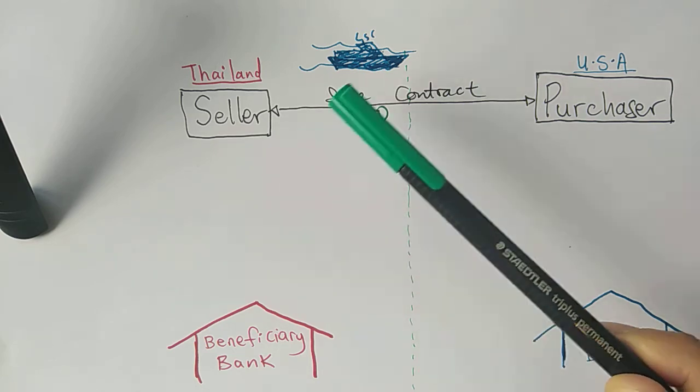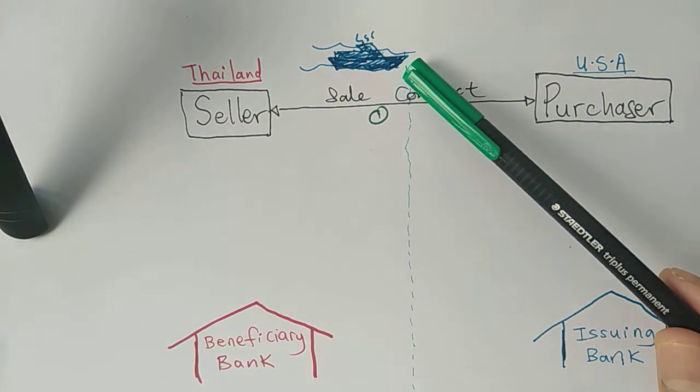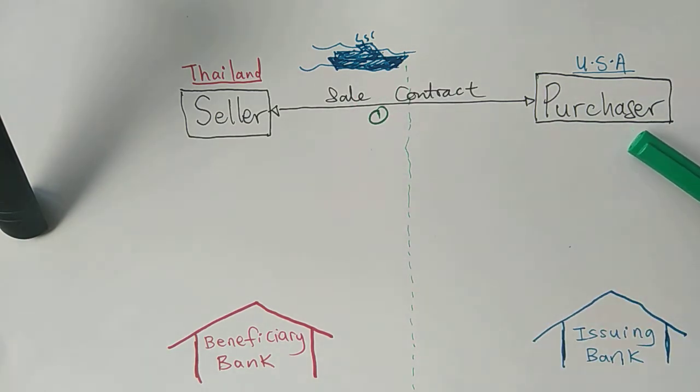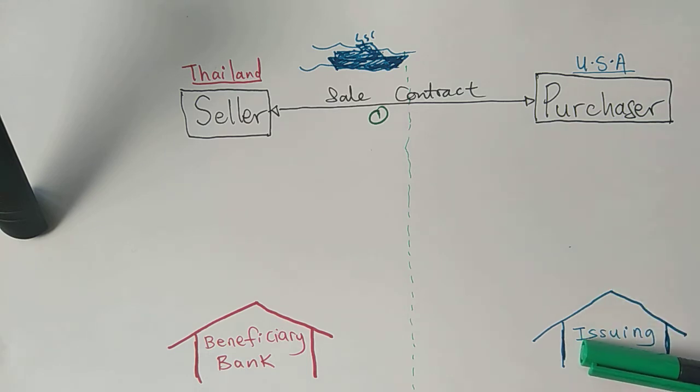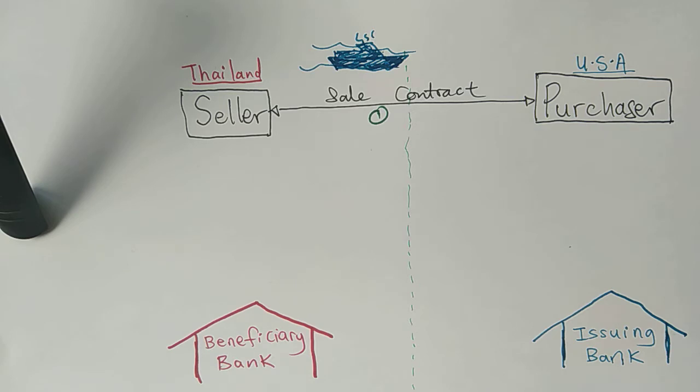The seller can put the things on the boat for delivery, or use whatever means of delivery agreed, without worrying that the purchaser would not pay. As I explain how this method works, you'll see how these two aims are achieved. Alright, as I say, the first step is the sales contract.